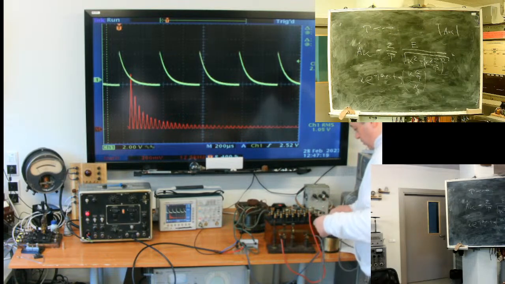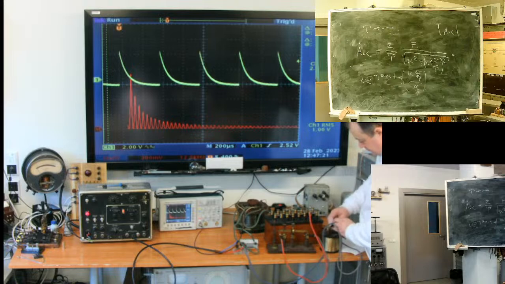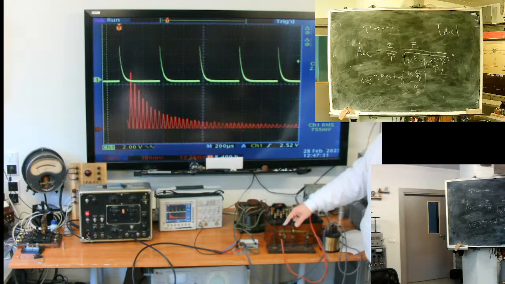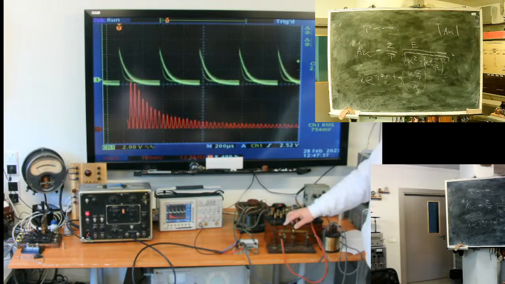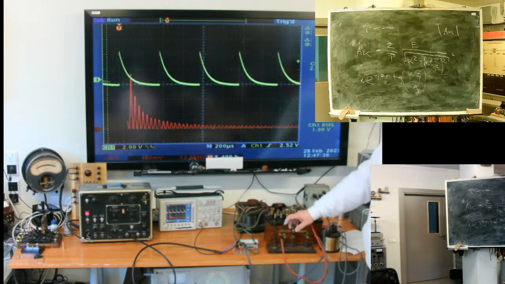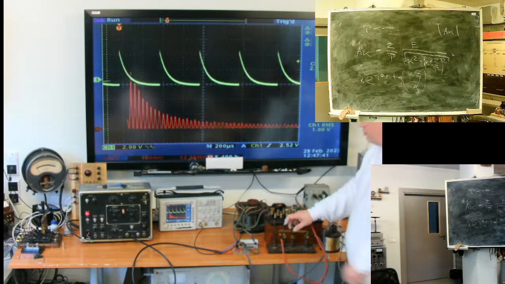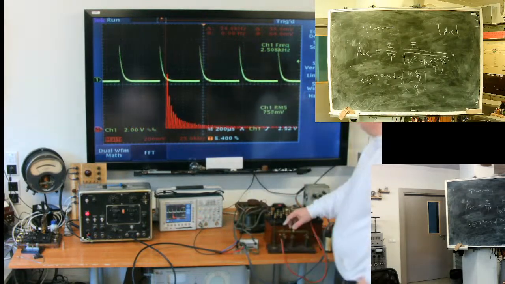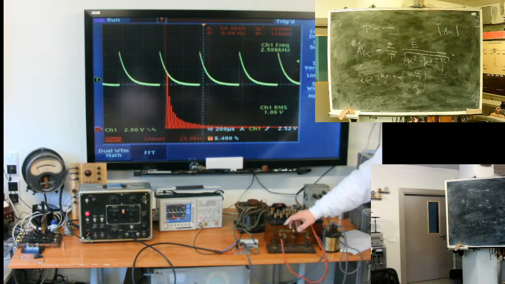Where is the ground one? This one. When I push it, resistance changes from 200,000 to 50,000 ohms. Quadruple change. I change alpha 4 times. Look what happens with the spectrum.